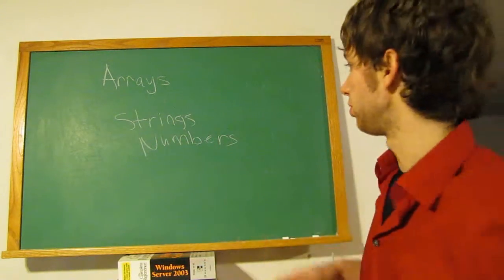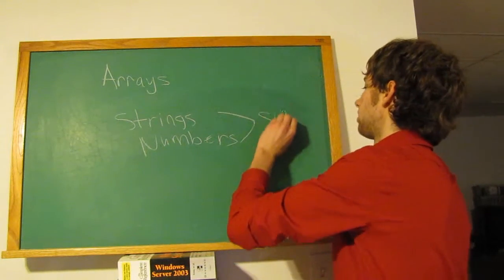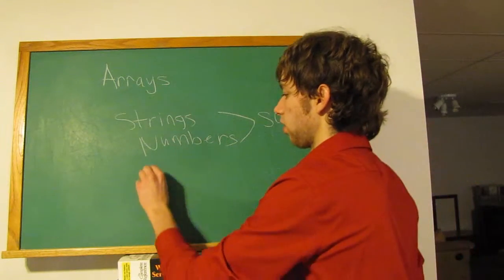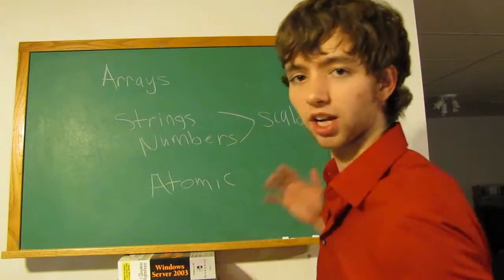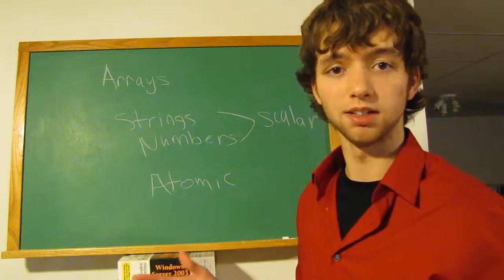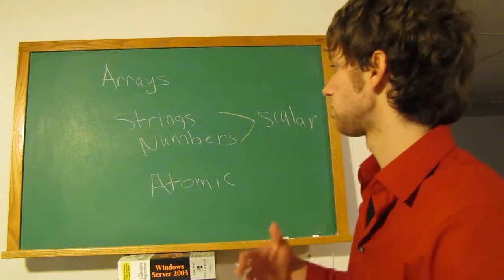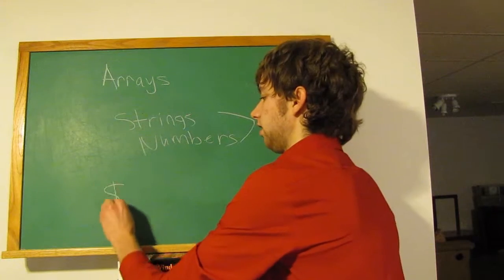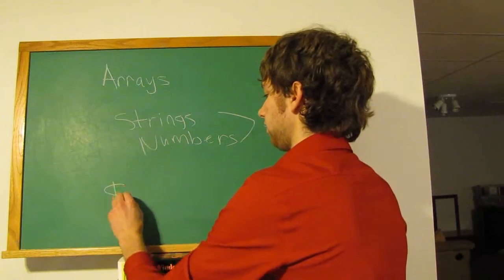These two are known as scalar data types. That is to say they are atomic. And if you don't know what that means, check out my database design series. But atomic means that it can't be broken up into more pieces. So for example, if I have a variable, say let's make it name.